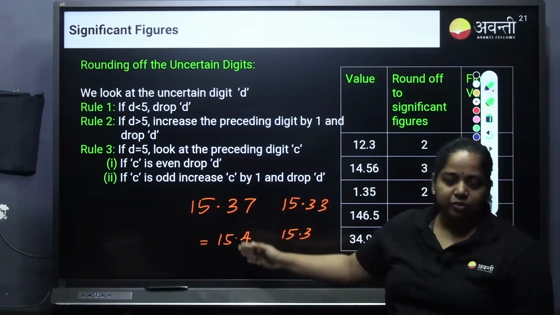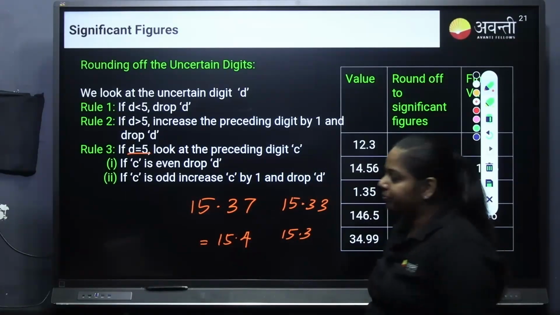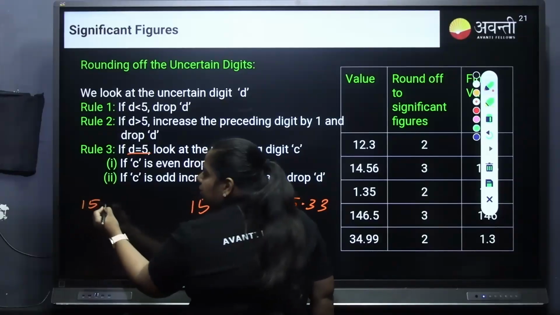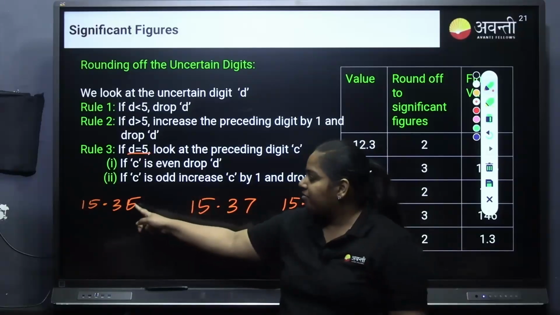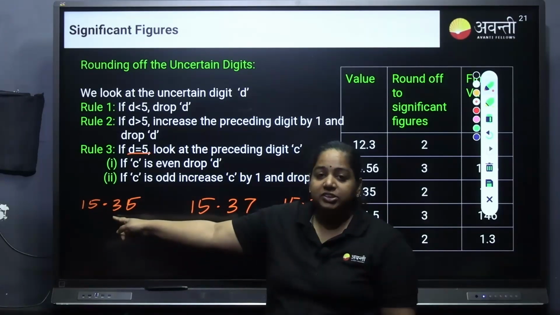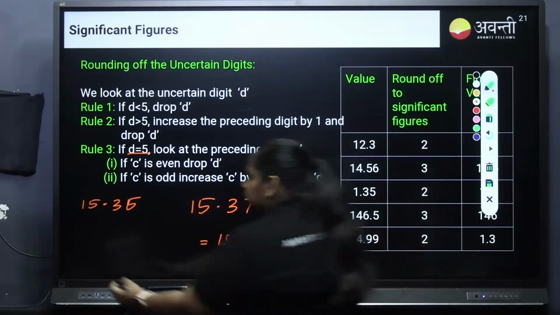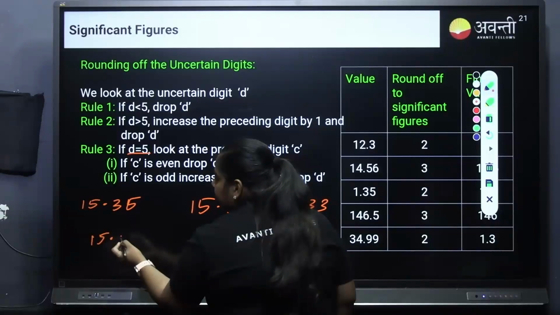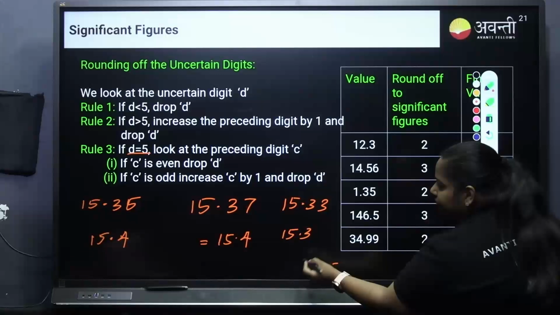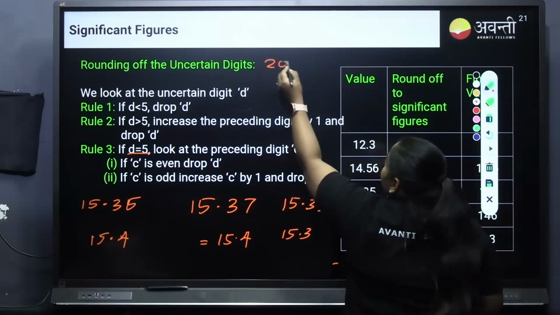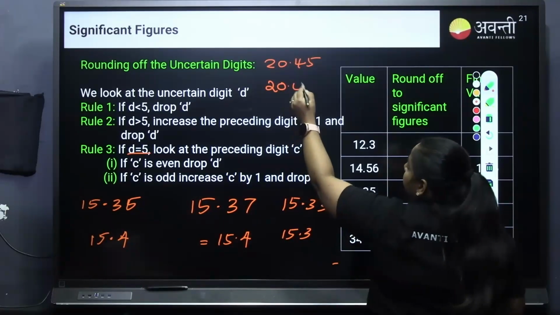This is pretty straightforward. We have been doing that. The rule comes if this digit is 5. If it is 15.35, then we are dropping 5, and we will see the next digit. If it is an odd number, we will add 1. If it is an even number, we will not add. So this will become 15.4. But if the number was, let's say, 20.45, then if we are rounding off, it will just become 20.4 only.